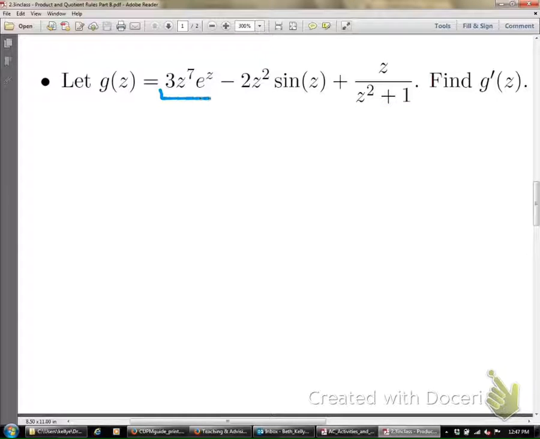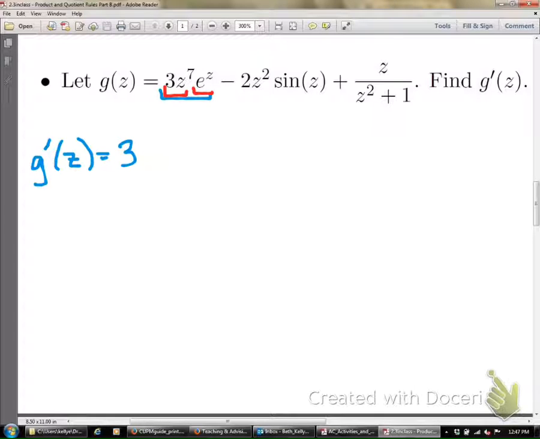So here's our first term. We want to take the derivative of this, so g prime of z equals, now the 3 is a constant, so we bring that down, times the derivative of z to the 7th e to the z. Alternatively, you can think of 3z to the 7th as your first function and e to the z as your second function.